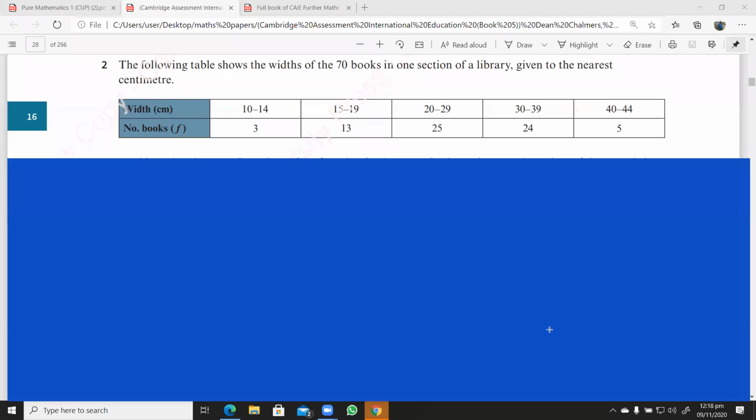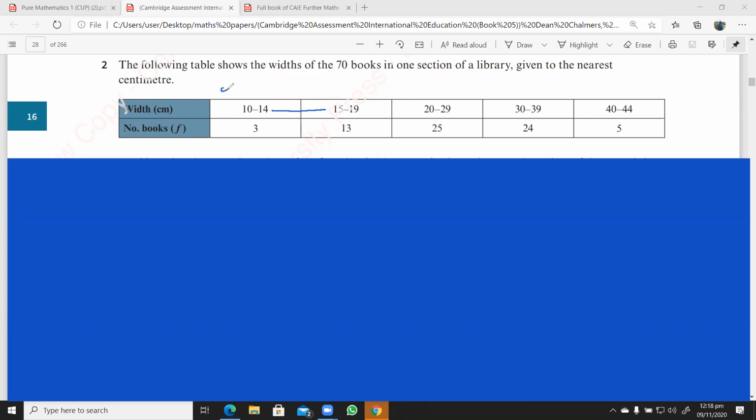Now the question is, we have to draw the cumulative frequency curve for this given data. Since this data is not continuous, I'll be writing the class boundaries at the top. The gap between these two is 1, so half of 1 is 0.5.